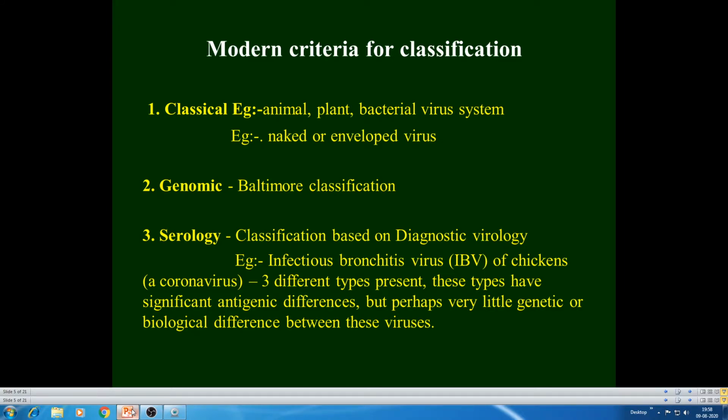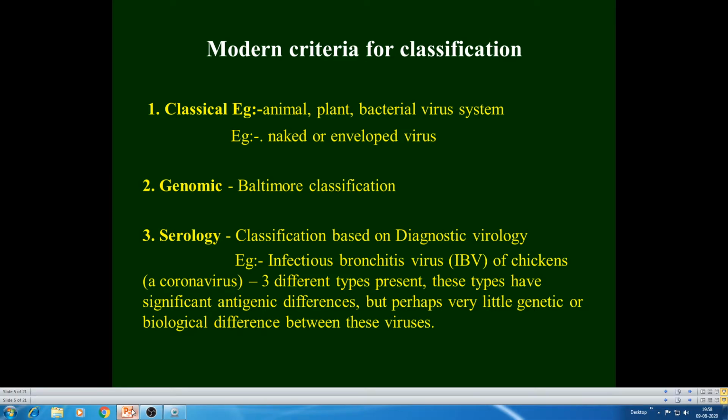Then the serology, that is diagnostic virology, classification based on diagnostic way. For example, in the case of infectious bronchitis virus, IBV of chickens, that is a type of coronavirus, the disease we are now facing, coronavirus.